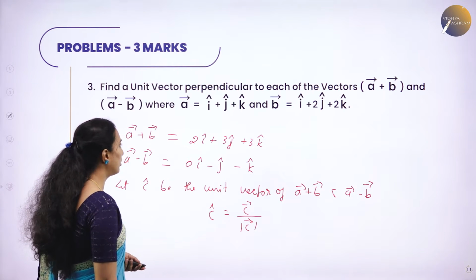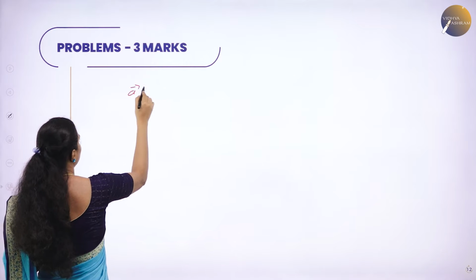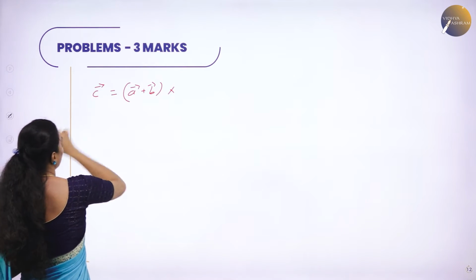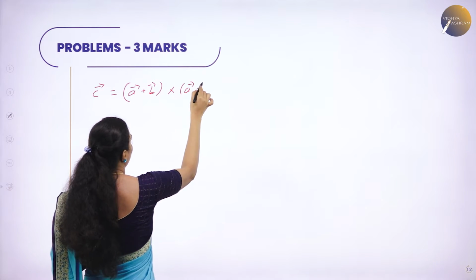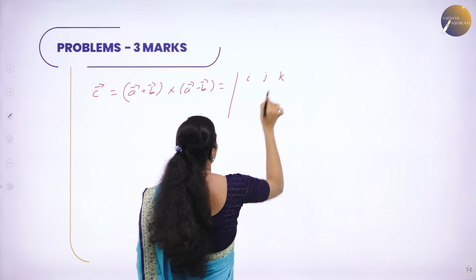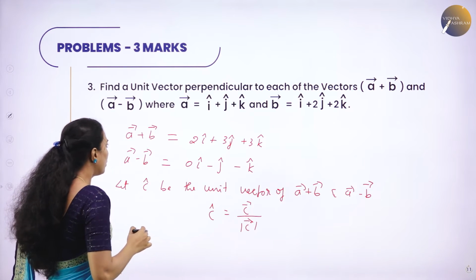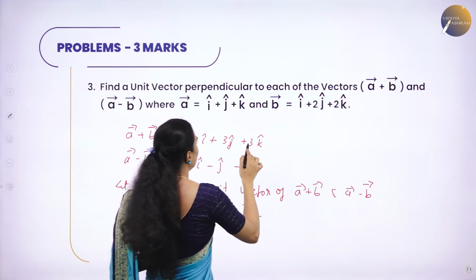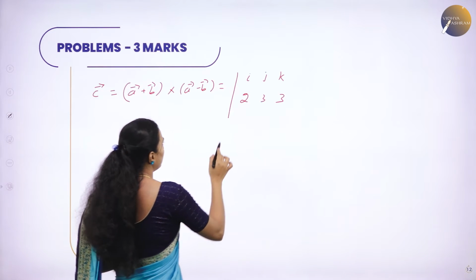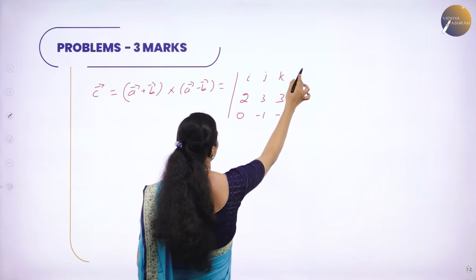Now let us find the cross product of that. a vector plus b vector cross a vector minus b vector is equal to c vector. Writing i, j, k and the coefficients: 2, 3, 3, and again 0, minus 1, minus 1.